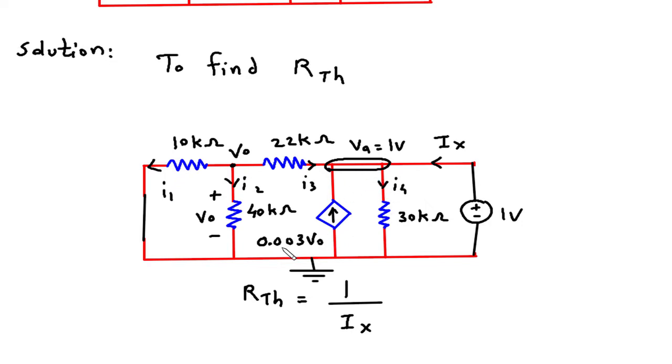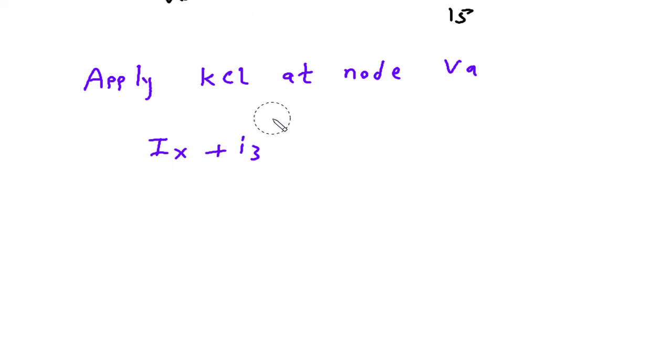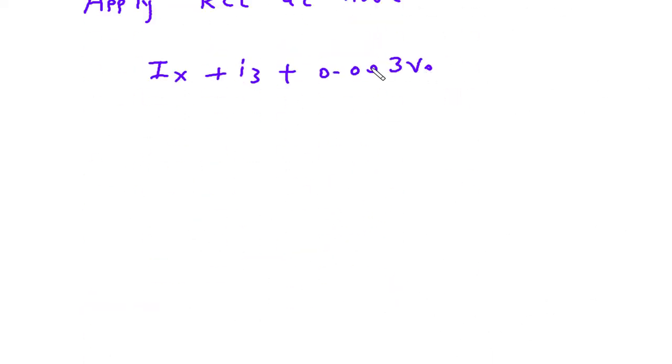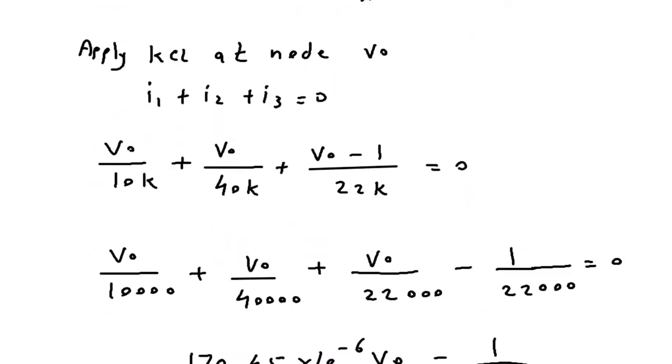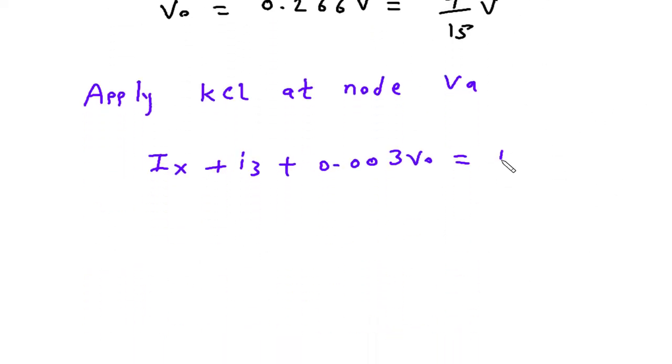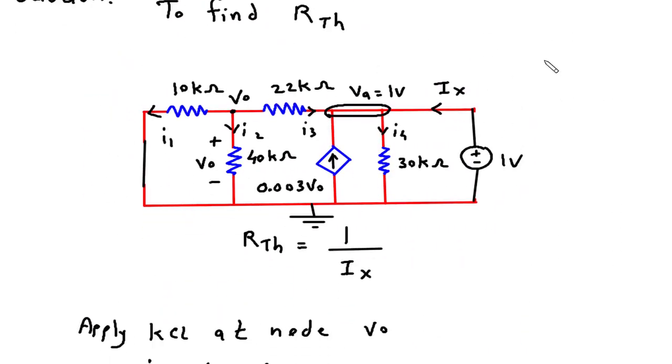Also 0.003 VO is entering at this node, so this will be I3 plus Ix plus 0.003 VO is equal to I4. So this Ix as it is plus I3. Now I3 is VO minus 1 by 22,000.